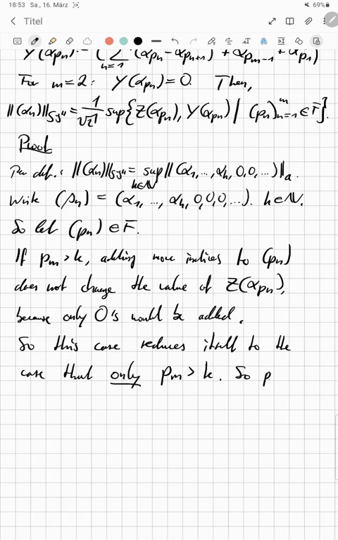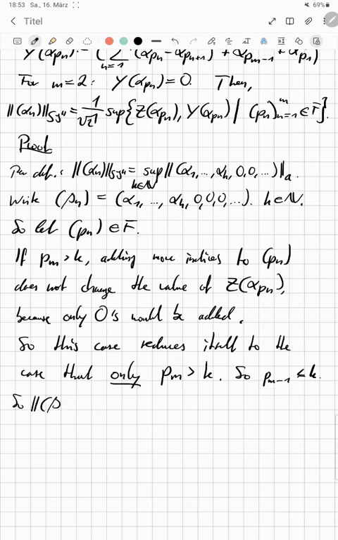So P_{m-1} is less than or equal to K. In other words, only those P_n's are interesting for the calculation of the norm of beta_n for which this holds.